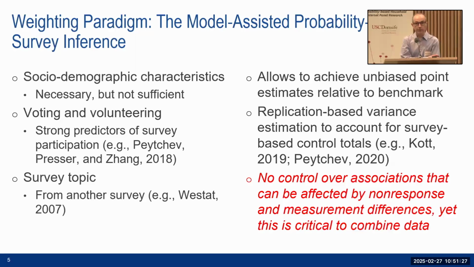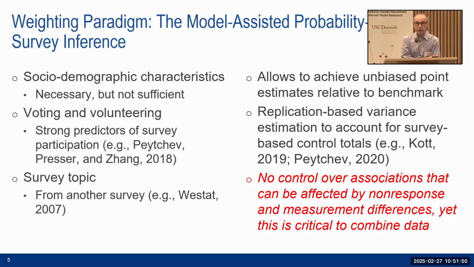But we can take that a step further, and we can add in Y variables, right? Things that we measure on the survey topics of interest. An early example of that is actually from the Health Information National Trends study, where they use ever diagnosed with cancer and health insurance in the weight calibration.